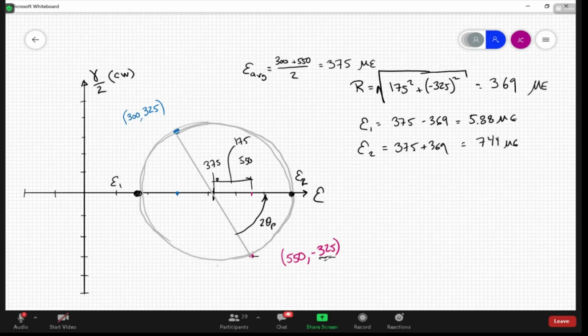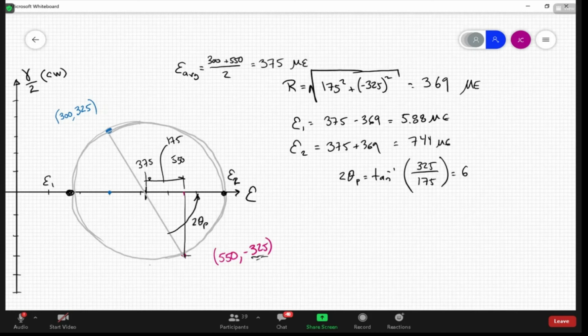And let's get this angle. So 2 theta principal is the inverse tangent of 325, the rise, this leg here, 325 over 175. And that gives me an angle of 63.56 degrees, 63.6 degrees.